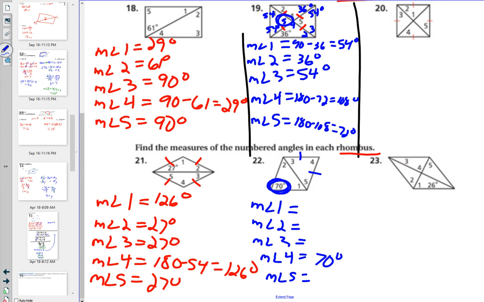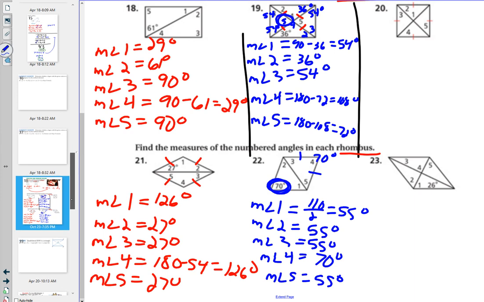So then angle 1 would be 110 divided by 2, which is 55. And really what ends up happening is that all of these end up being 55 because 4 was also 70 degrees.